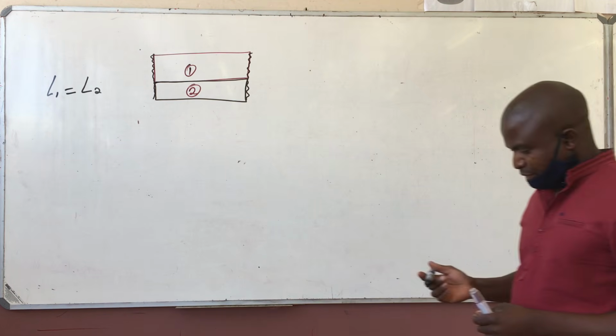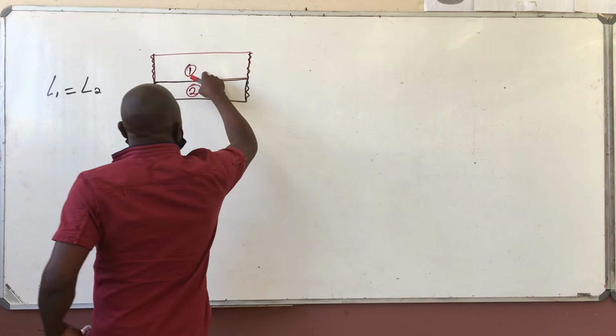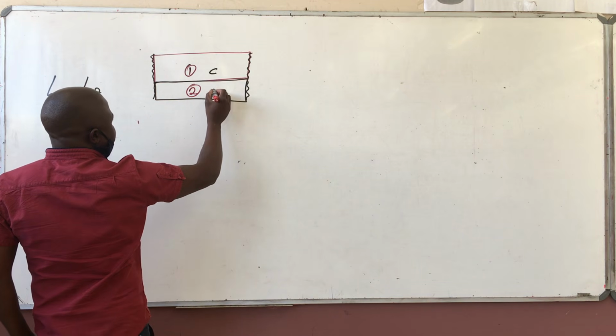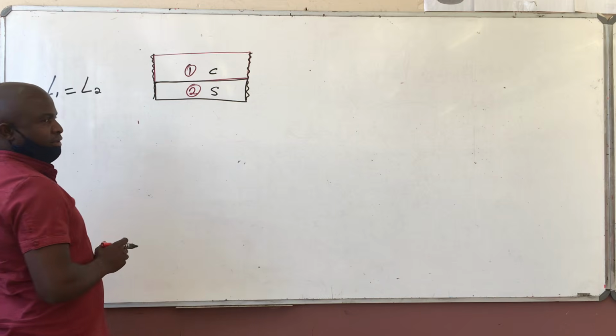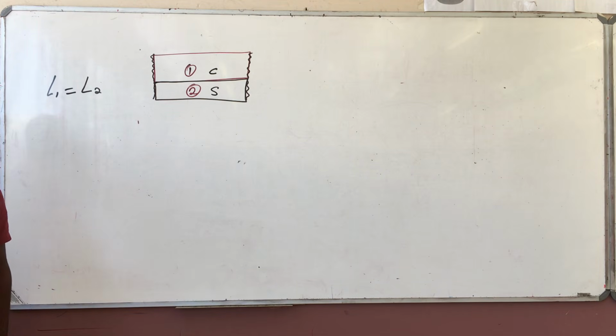So, okay, let us take the first one is copper and the second one is steel. When you increase the temperature for both of them, which one will expand more than the other? The copper will expand more than the steel.